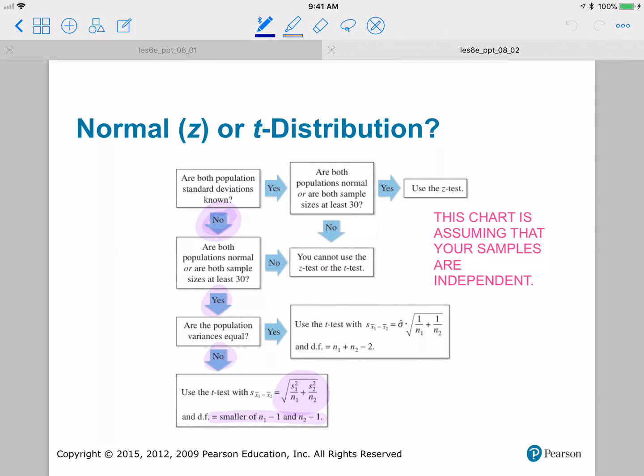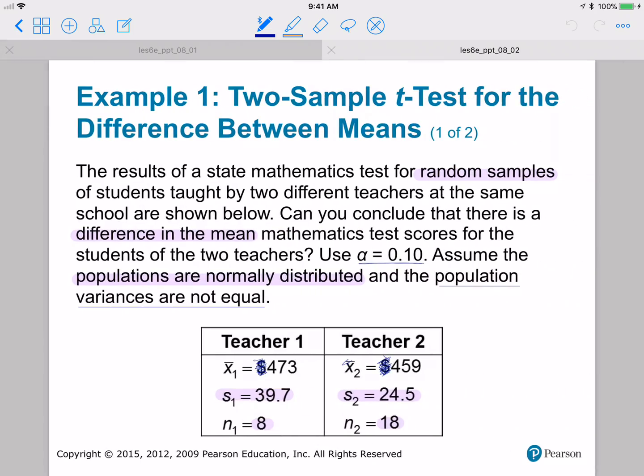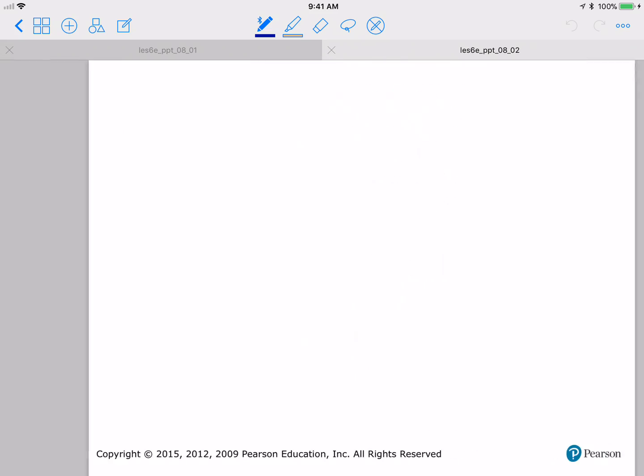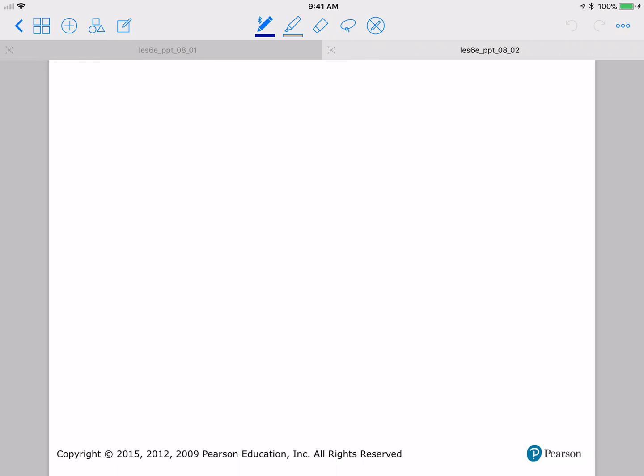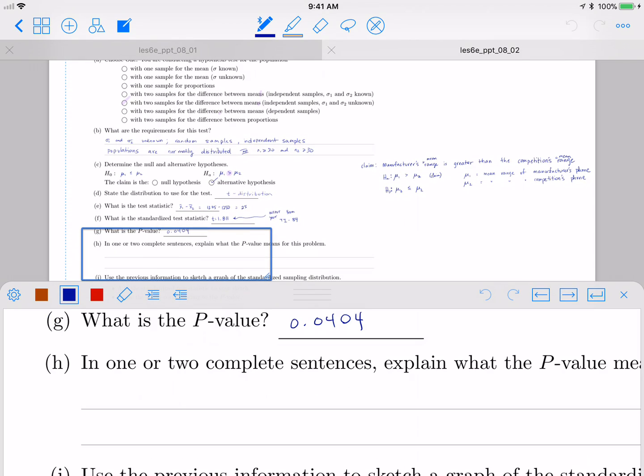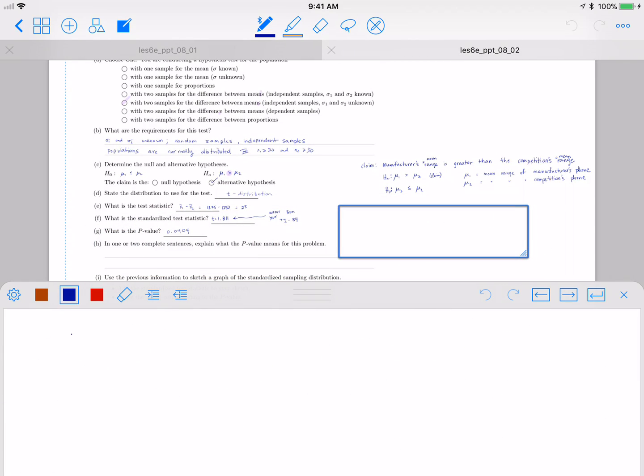Remember, unpooled is if your variances are different. Here we are assuming that our population variances are equal, so you will be using pooled. On your calculator, you're going to be doing the two-sample t-test, and you will need to enter x1 bar, x2 bar, n1, n2, s1, s2.